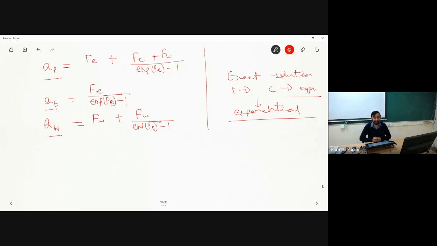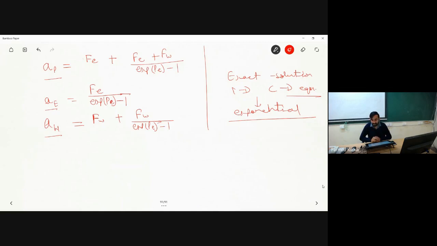When we have a physical situation where phi varies in the other two directions also, there will not be exactly exponential variation in our solution, and we will have a limitation in calculating the analytical solution. Under such conditions, this scheme will not give results as accurate as it does for the one-dimensional convection diffusion equation.